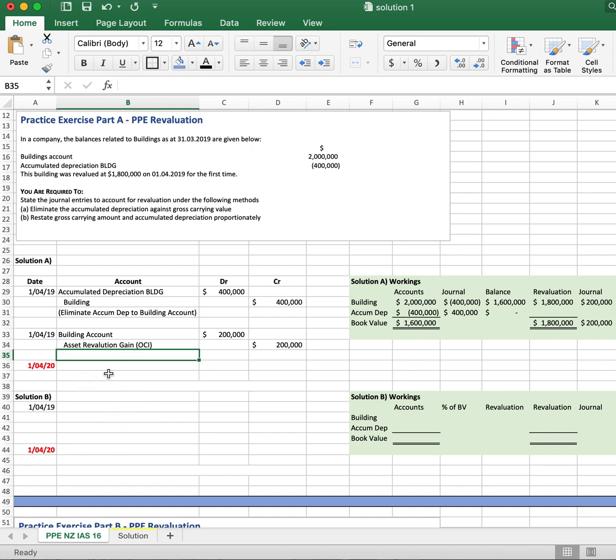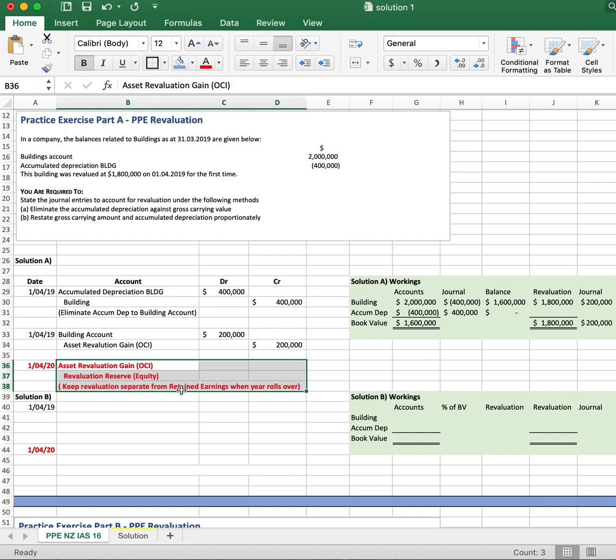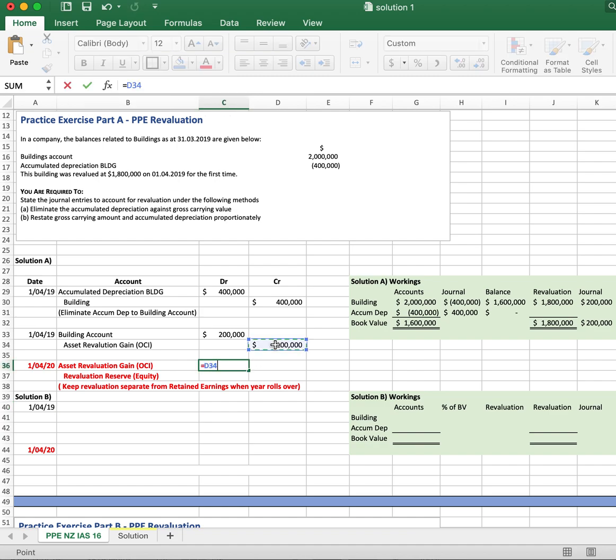There is another journal we point out for when the accounts roll over to the next financial year, a year later, presuming the 31st of March 2020 is the end of that year. Rather than going directly to retained earnings, you keep it separate in the equity section, as a revaluation reserve.